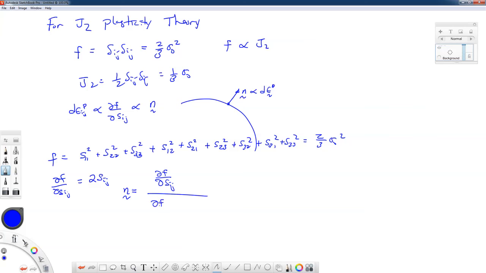The magnitude of that vector would be the vector dotted with itself, and the square root of that. Now in this case, for J2, we would have 2 Sij up on top. We would have 2 Smn on the bottom, times 2, and then we take the square root.